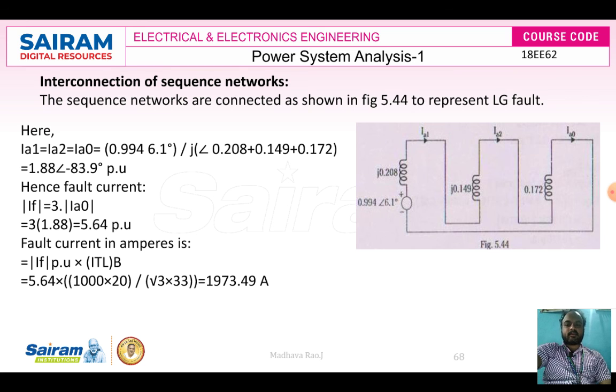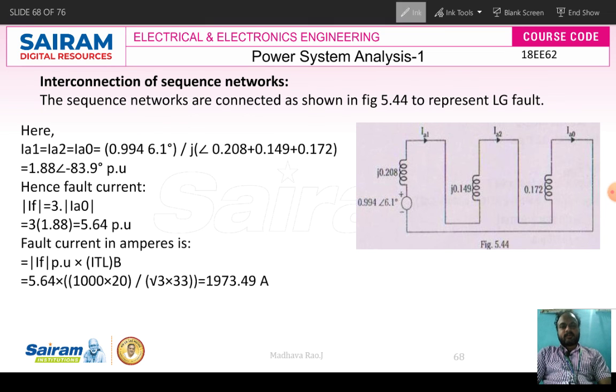Ia naught is equal to the total voltage, VThevenin, divided by the total impedance of the circuit. So finally the fault current is 1973.49 amperes.